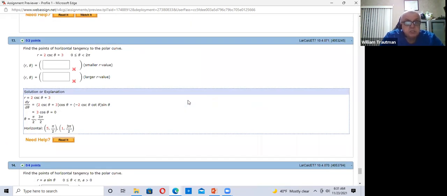Find the points of horizontal tangency to the polar curve. Now, if you remember, vertical tangency was taking the derivative of dx. Horizontal tangency is dy.